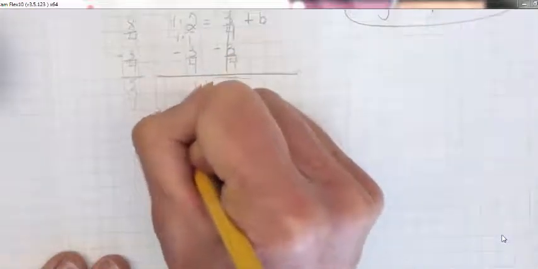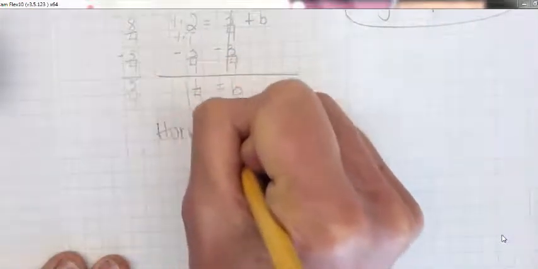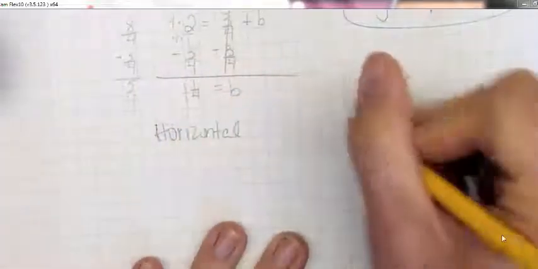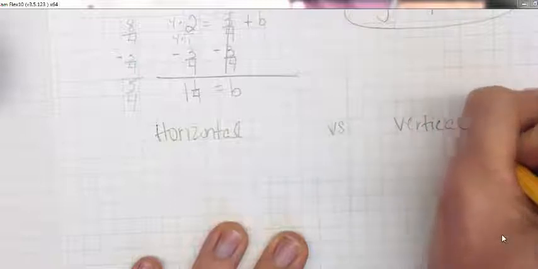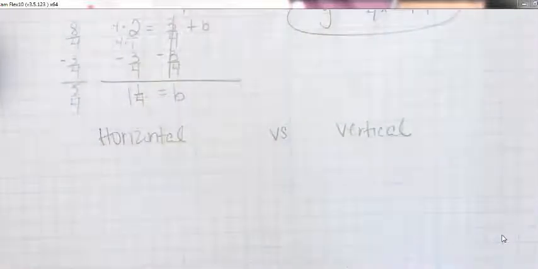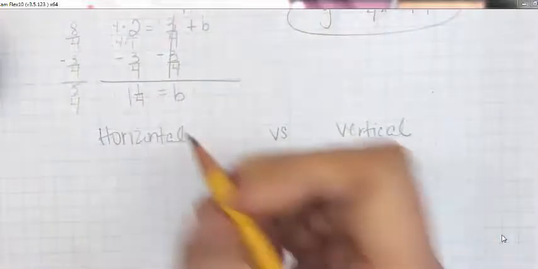Now let's talk about horizontal and vertical lines. So a horizontal line, let me just draw a coordinate plane here.